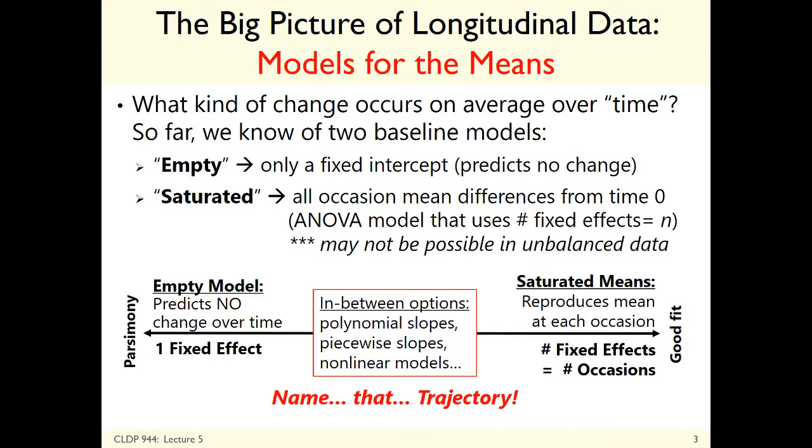Why would we do something other than saturated means if that's possible? In our ANOVA example, I have a 6 occasion data set. I could estimate a saturated means model for my 6 occasions and see whether or not people improve in response time. That was the example between time 1 and 2, 2 and 3, 3 and 4, 4 and 5, and 5 and 6. And I could answer those questions.